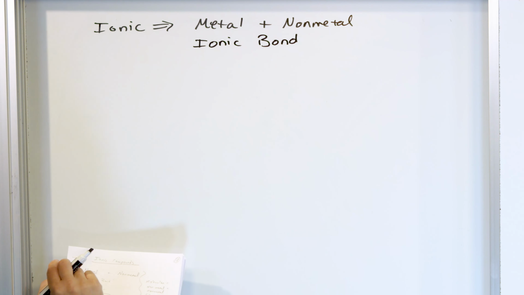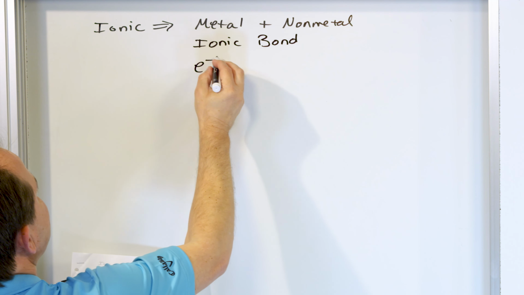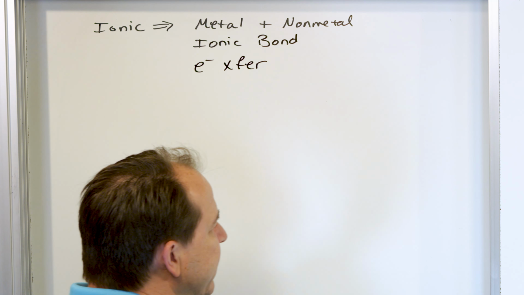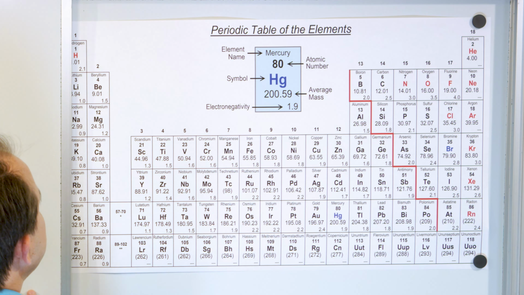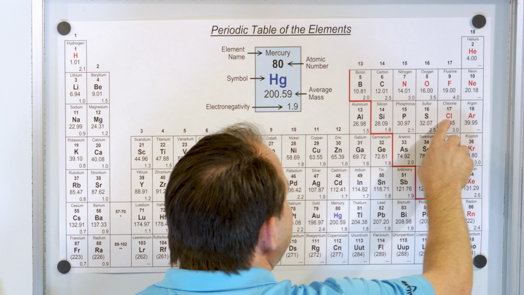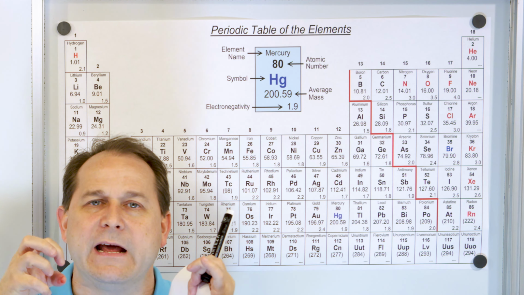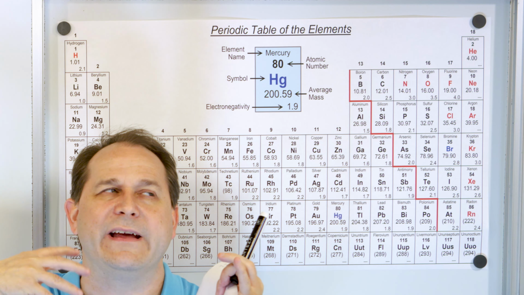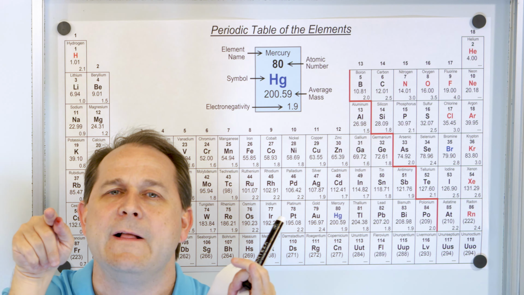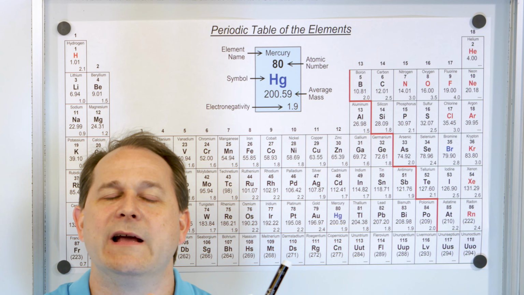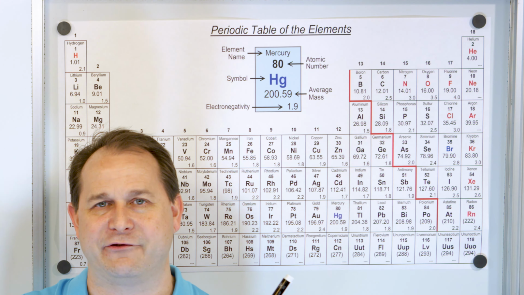Because of the way the electrons are working, the electrons are transferred from one species to another. Because remember, if sodium likes to lose 1 electron and chlorine likes to gain 1 electron, the electron will leave the sodium and then just jump to the chlorine, because the chlorine energetically wants to grab an extra electron.